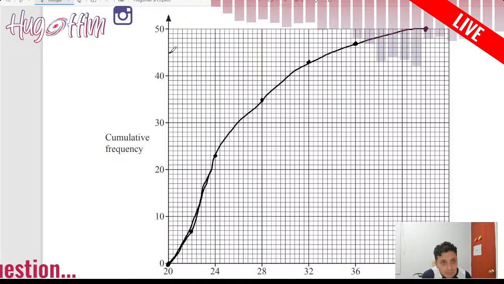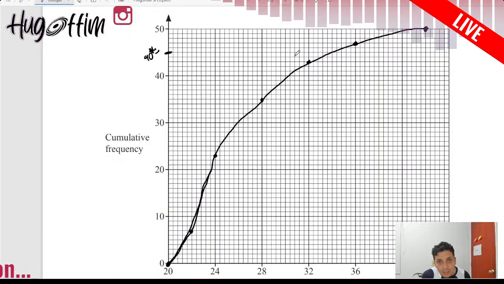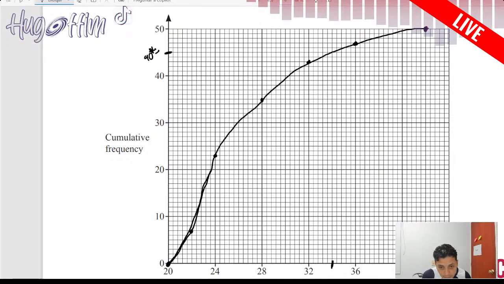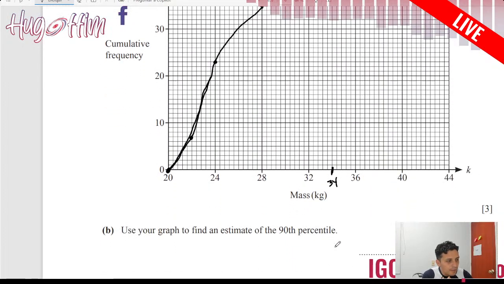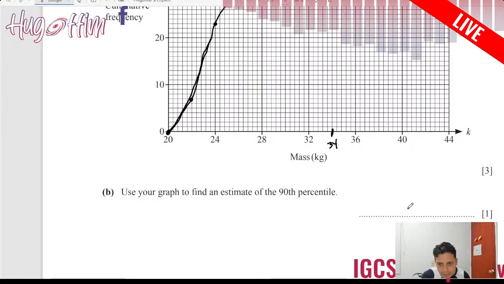So my estimate of the 19th percentile should be on 45. And the estimate gets me here. So it's going to be on 30. Okay, look at the scale. 32, 36. They wanted to mess with you. In between 32 and 36 is 34. So 34. This should be the 19th percentile.